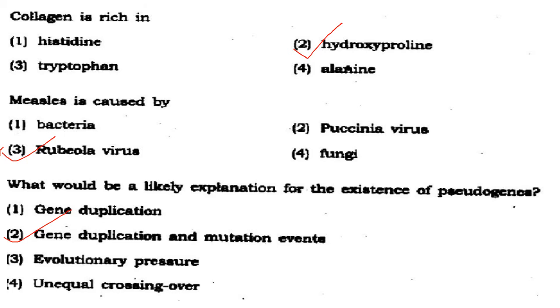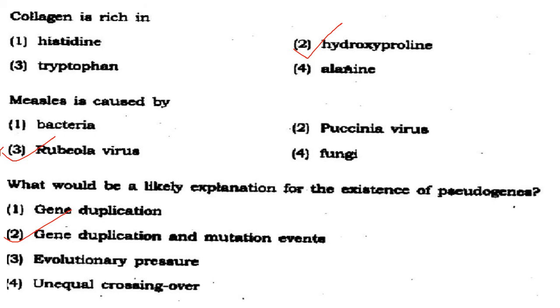Collagen is rich in histidine, hydroxyproline, tryptophan, alanine. Answer is hydroxyproline. Measles is caused by bacteria, Puccinia, rubella virus, fungi. Answer is rubella virus. What would be the likely explanation for the existence of pseudogenes?